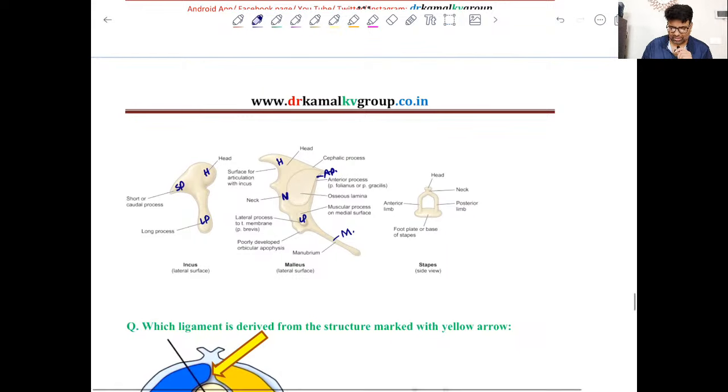And of course the stapes is quite easy to identify. We can see a small head followed by a small neck, then two limbs and the foot plate. So this is stapes. The differentiation has to be done between incus and malleus. Of course malleus is quite larger in size as compared to incus, right? So this is incus.